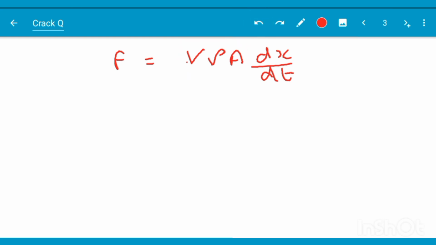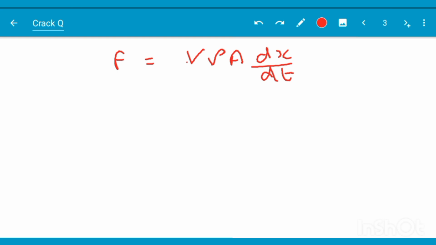Now dx by dt is what? x means distance, and the derivative of distance by time is velocity or speed. Here we can take it as velocity.